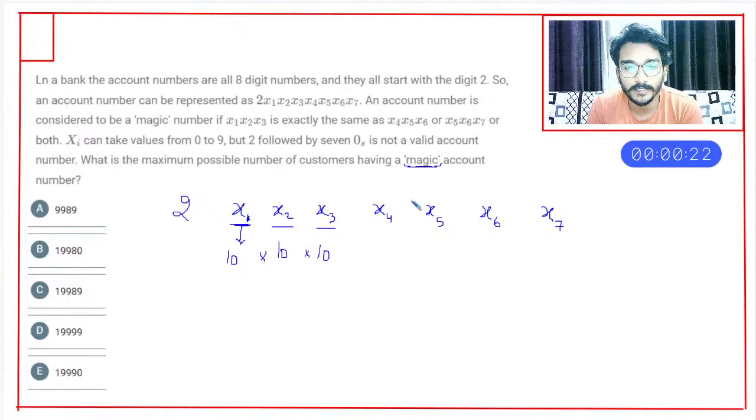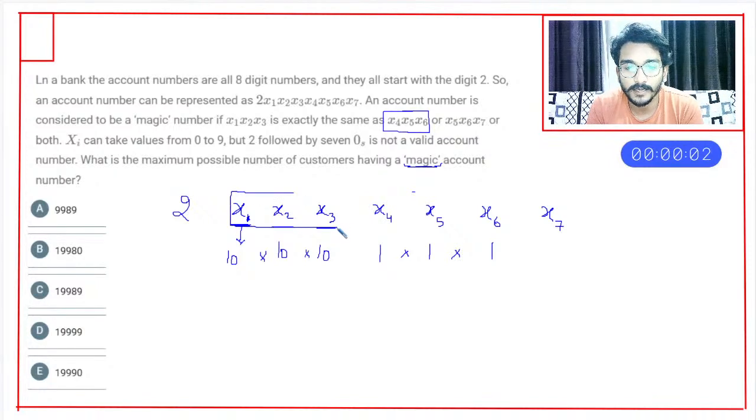Now, if I have to make it equal to the 4, 5, 6 factor, I have to make it equal to these 3 numbers. So the possibility to place the value here is only 1. It is fixed, depending on x1, x2, and x3.